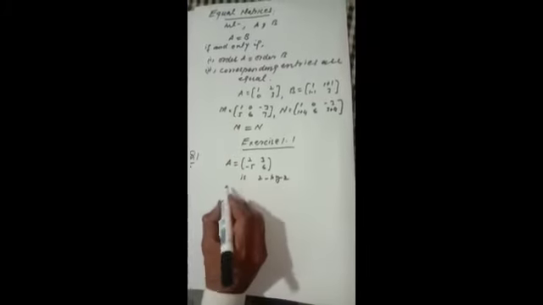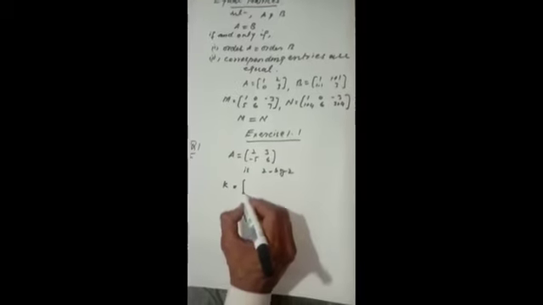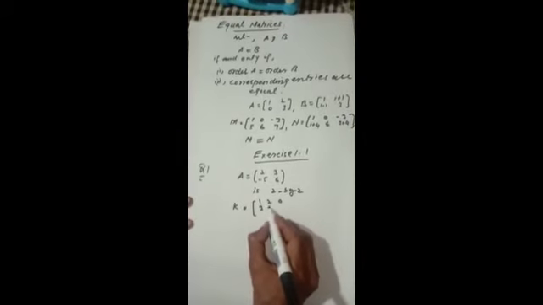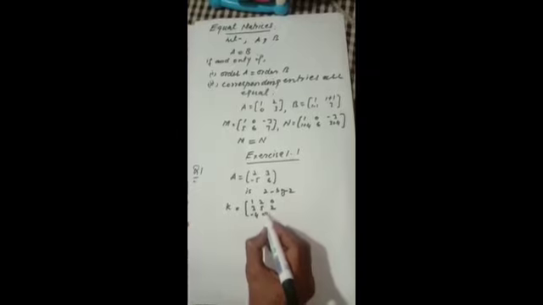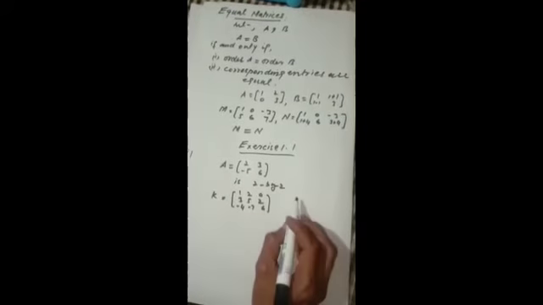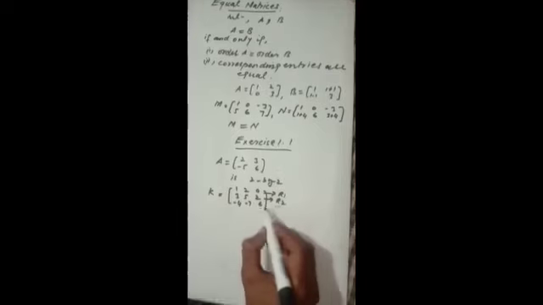We take another matrix denoted by K. Its entries are 1, 2, 0, 3, 5, 2, -4, -7 and 6. Here the number of rows is 3: R1, R2, R3.